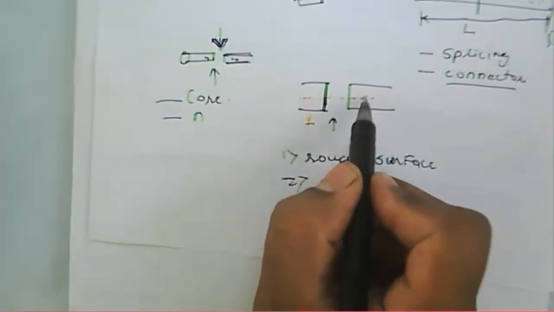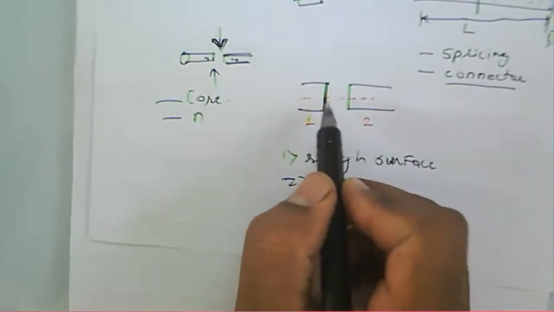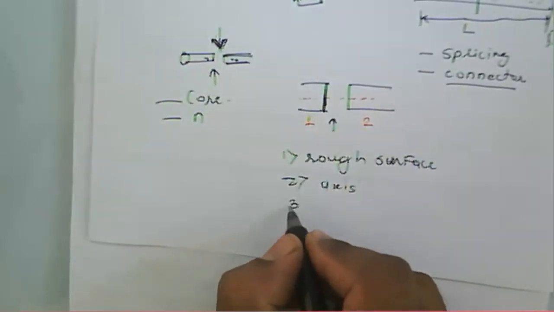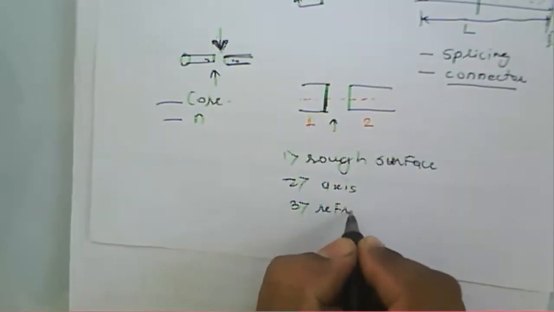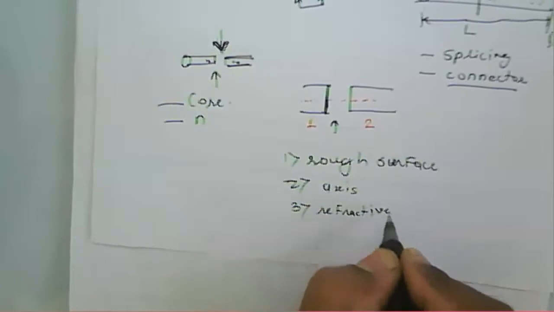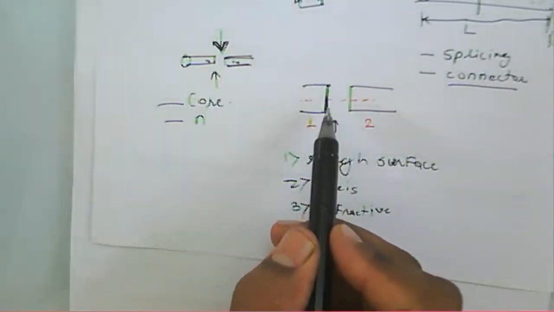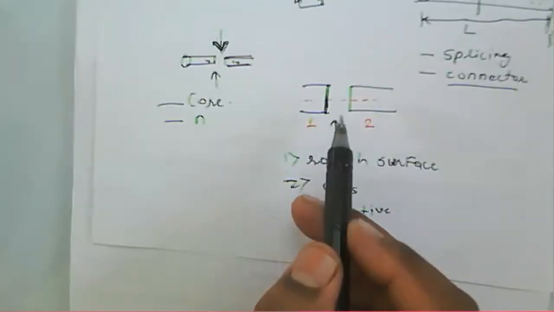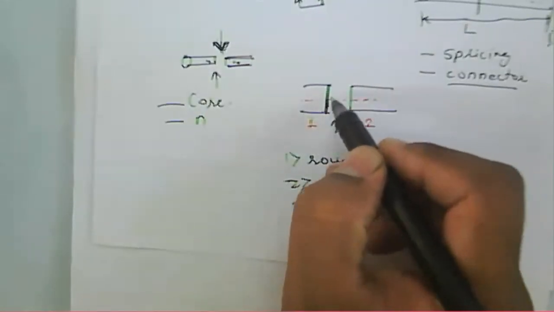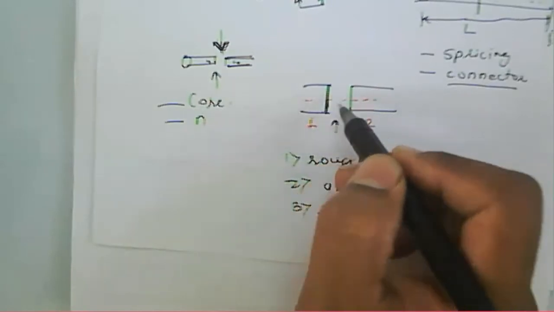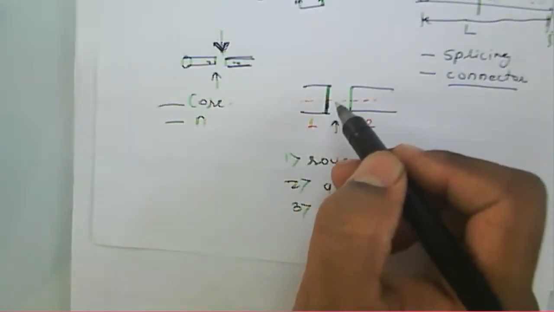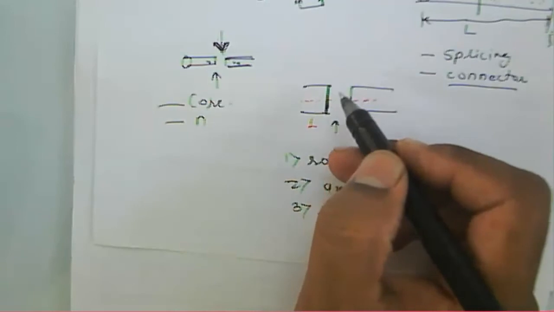Then again, these two fibers should have the same refractive index. Now if the refractive index is not matched, then at that particular joint, at the interface between fiber 1 and fiber 2, there may be a variation.